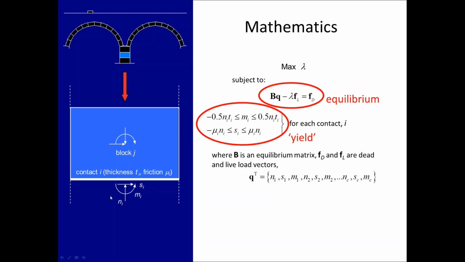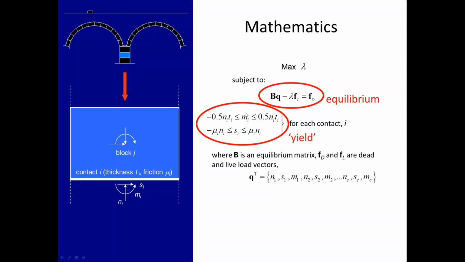And those forces at the contacts we can limit according to material properties. So for example, the bottom one of these two constraints you can see in the lower circle or ellipse is enforcing the shear limit. So the shear force cannot exceed the coefficient of friction multiplied by the normal force.